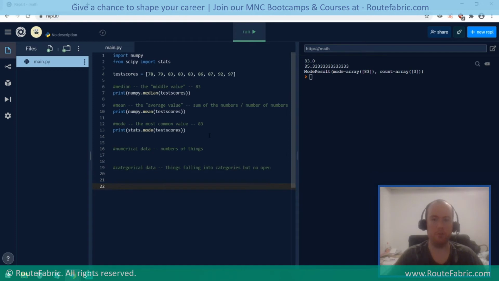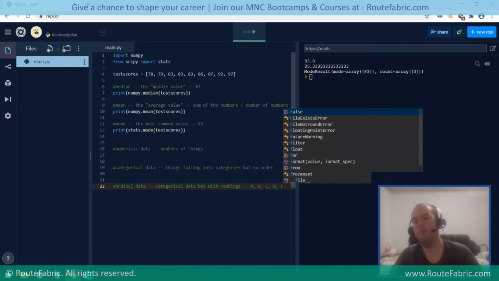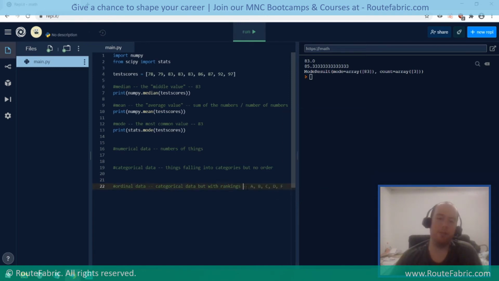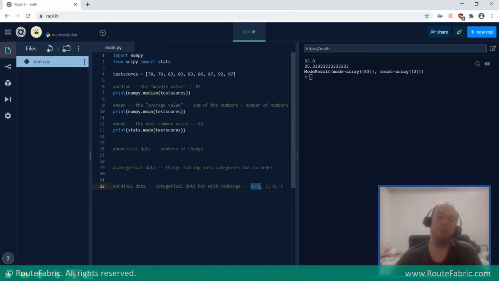And then we also have ordinal data, which is categorical data but with rankings. A good example of ordinal data would be test scores. You could have A, B, C, D, or F. These could be test scores, but they could also be grades in a class, and they have a ranking to them. A is always better than B, and B is always better than C, and so on.